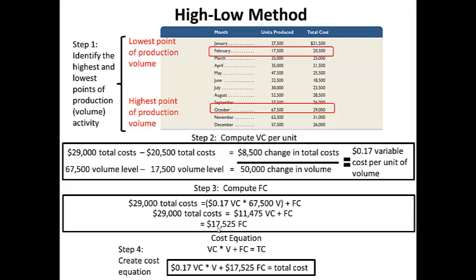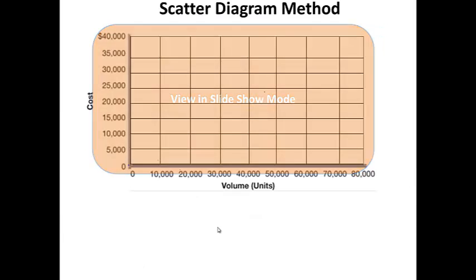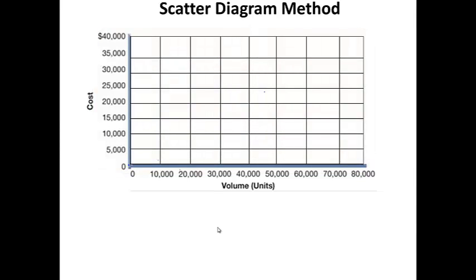Okay, now let's take a look at another method of separating mixed costs, the variable portion and the fixed portion. And this is called the scatter diagram method. Here on the left-hand side, we see our total cost between $0 and $40,000 and our volume in units between 0 and 80,000 units.